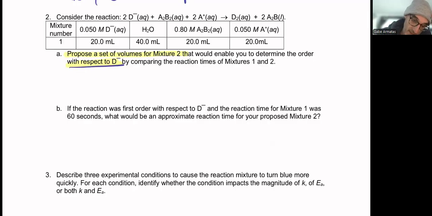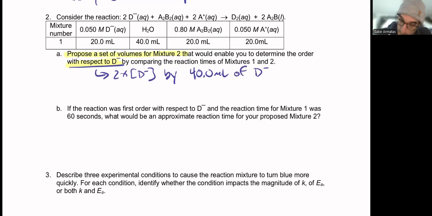So with respect to D minus means we want to change D minus and we don't want to change anything else. So the easiest thing to do is, let's say, double the concentration of D minus. That's actually pretty simple to do if you just double the volume of it. So if we double the concentration of D minus by going with 40 mils of the D minus mixture, we've added 20 mils of D minus, which means we need to lose 20 mils of something else.